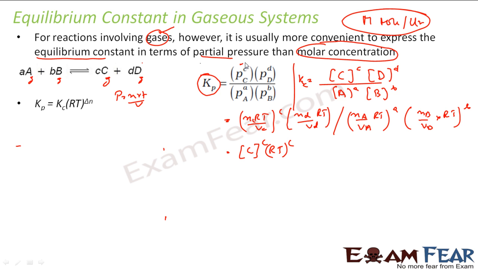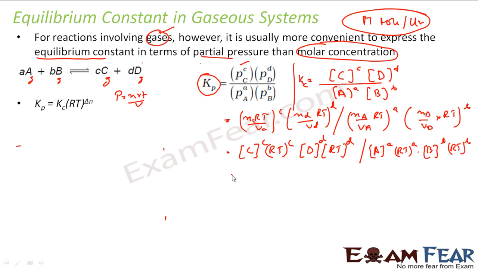This was for C. Now for D, it will be concentration of D to the power d into RT to the power d, divided by moles of A by volume of A, which is concentration of A to the power a, and RT to the power a, and moles of B by volume of B, which is concentration of B to the power b, RT to the power b.